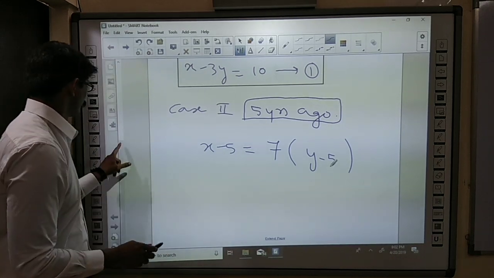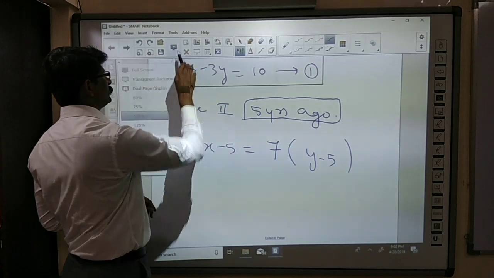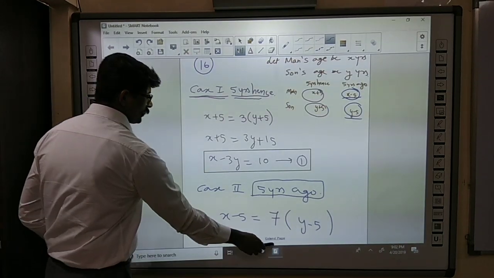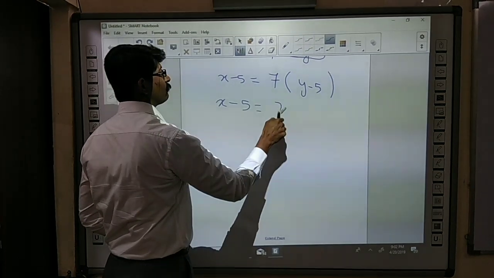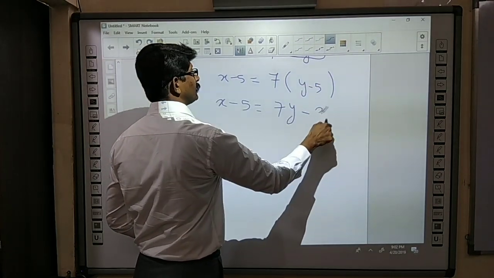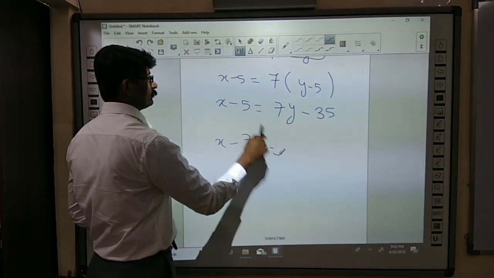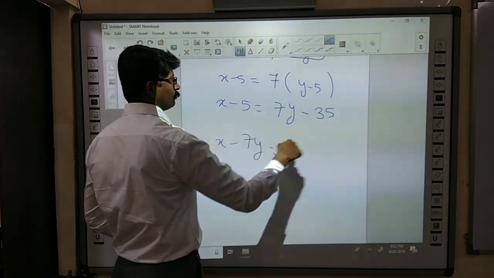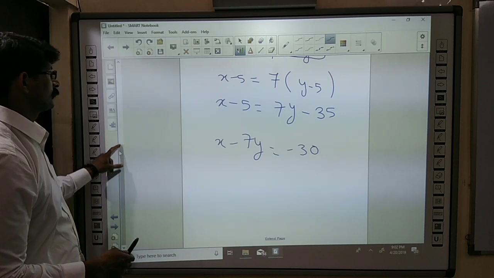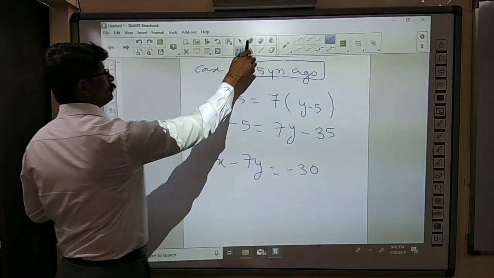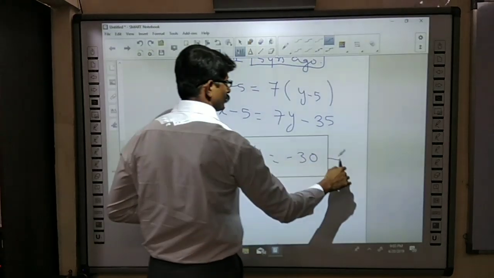Isn't that simple? So stay tuned and pay attention to how I solve this entire equation. So x minus 5 is equal to 7y minus 35. Now x minus 7y, taking 7y to this side and minus 5 to this side, it becomes minus 30. This is equation number 2.